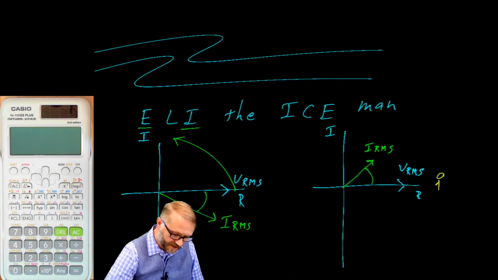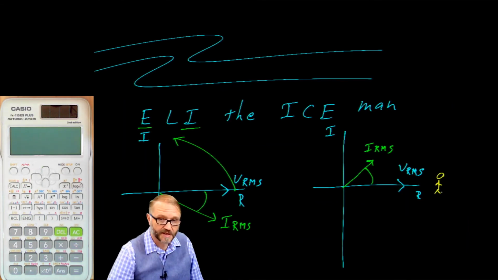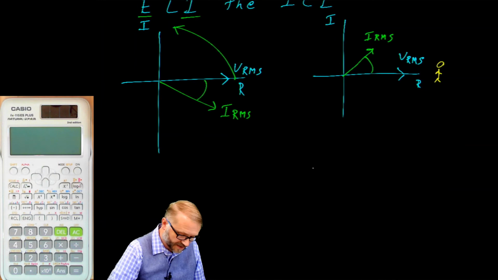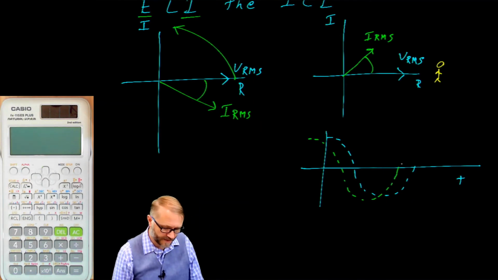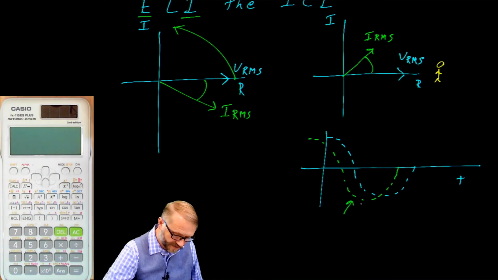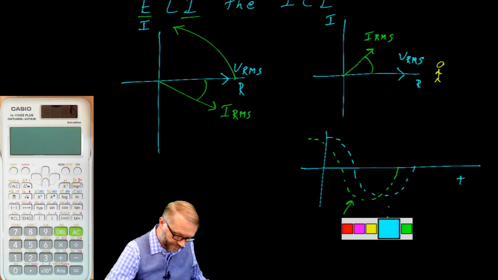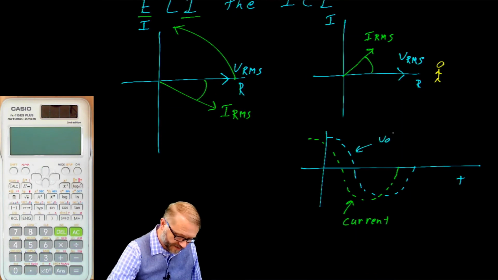Again, as the stationary observer here, you would first see the current vector, and then sometime later you would see the voltage vector. If we were to sketch that in the time domain, if this was your voltage vector, your current vector would be leading. It would occur earlier in time. This is current, and this is voltage.